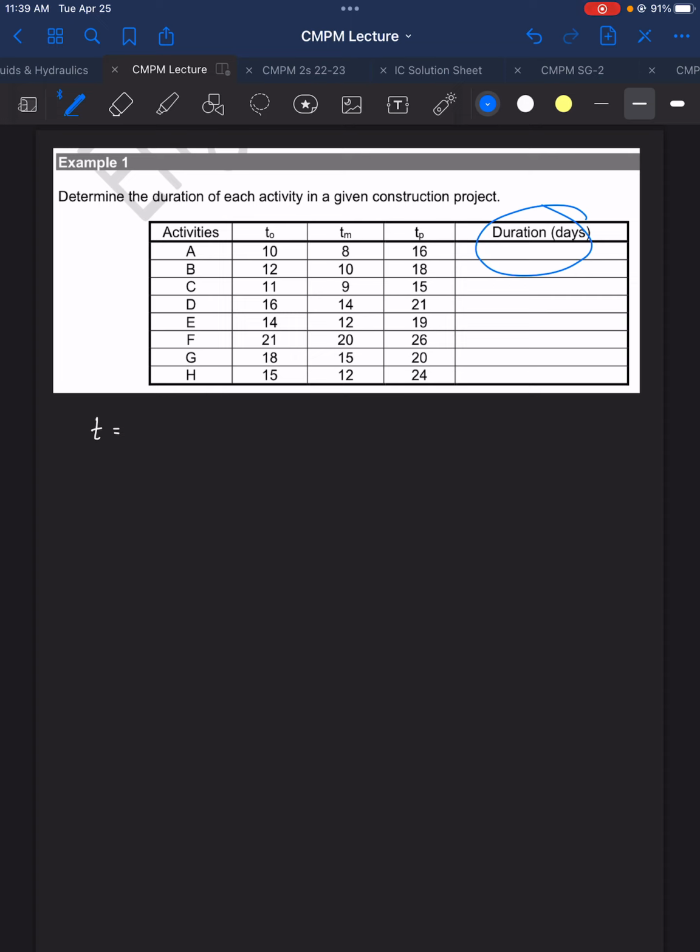So for the duration of that activity, for example, activity A, we have the formula time T is equal to T sub O plus 4 T sub M plus T sub P all over 6. So all we need to do is input the values.